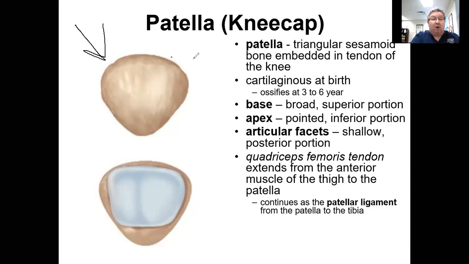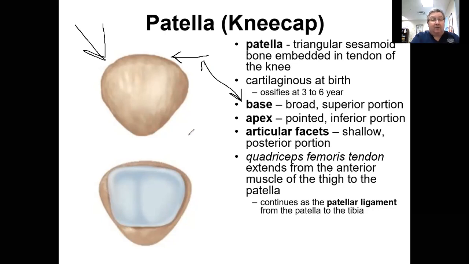The top part right here, which is the broader part, is known as the base. Yes, I know it is confusing. I have no argument with you. I didn't make it up. Okay? The base is on the top. It is the broad superior portion.